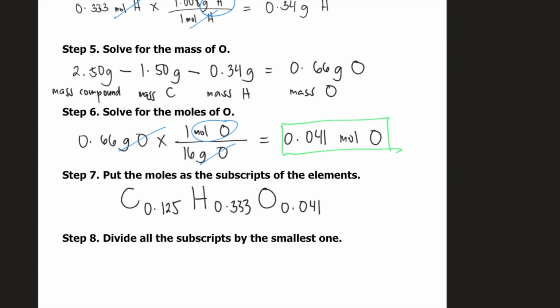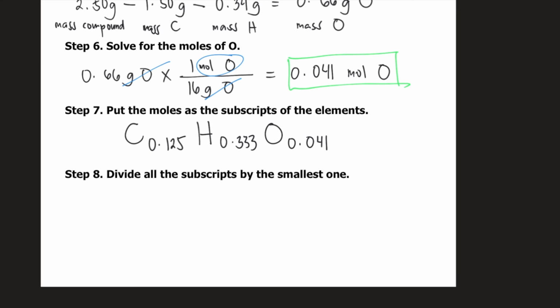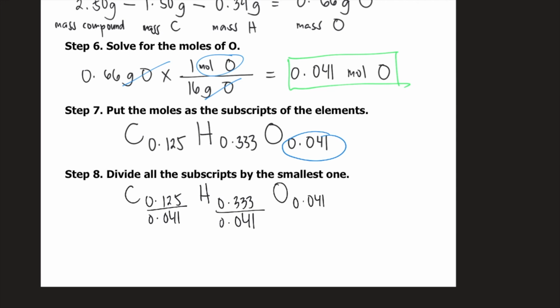You put the moles as the subscript of the element. And for step number 8, divide all the subscripts by the smallest one. So among the 3 subscripts, which one is the smallest? It's obviously 0.041. So according to step number 8, you will divide all the subscripts by the smallest one. So you do 0.125 divided by 0.041, 0.333 divided by 0.041, and you do 0.041 divided by 0.041.